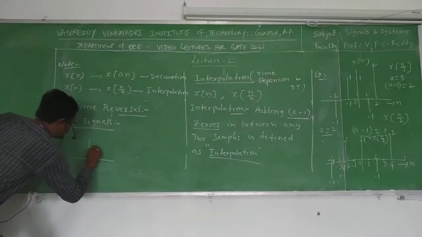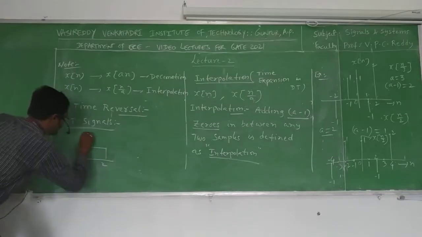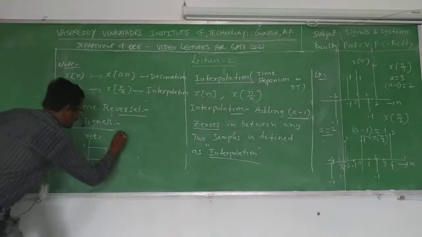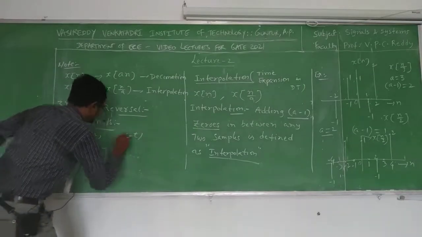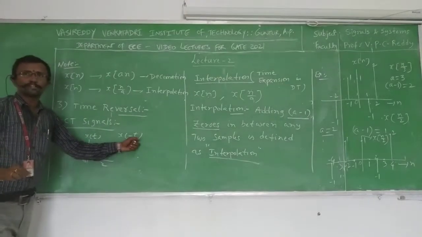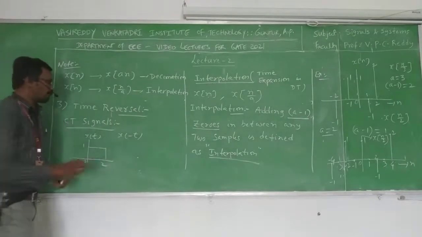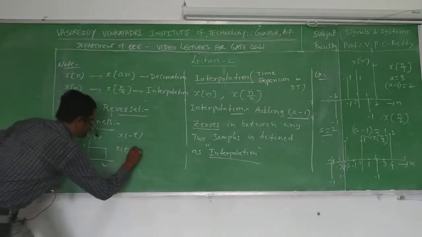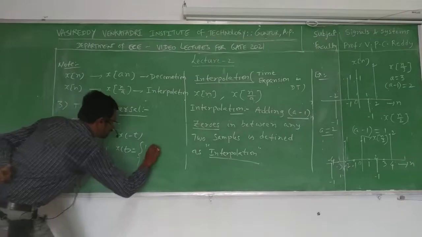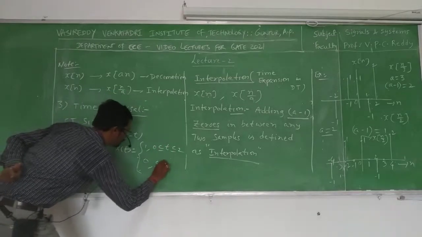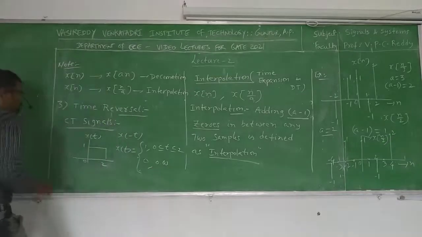Suppose I am giving a signal like this, x of t, from 0 to 2. Now I need x of minus t. If x of t is the given signal, x of minus t is the time reversal version of the given signal. Expressed in mathematical form, x of t is 1 for 0 less than or equal to t less than or equal to 2, 0 otherwise.